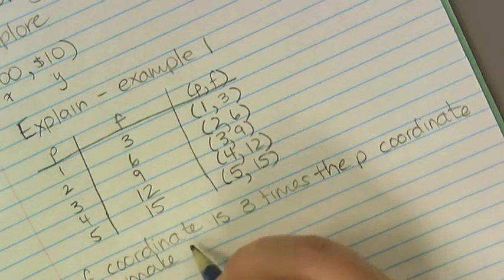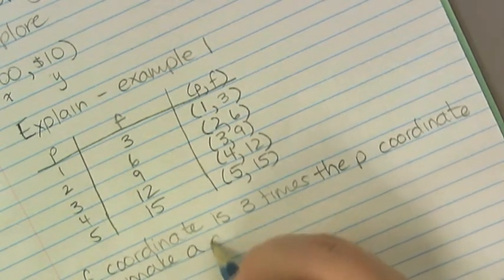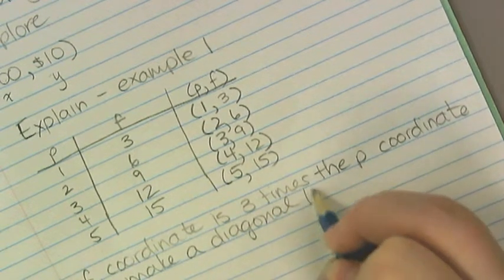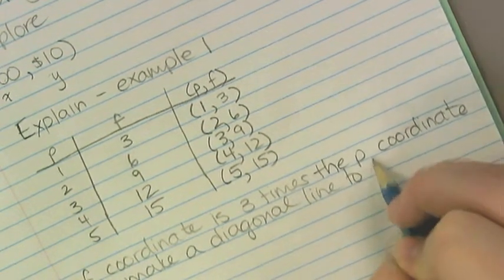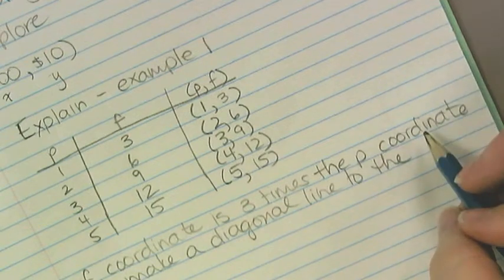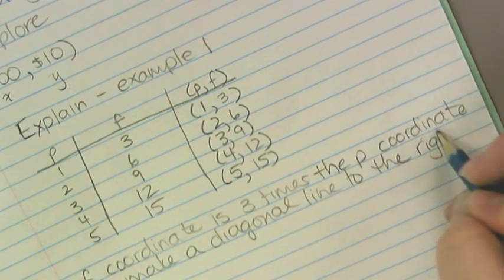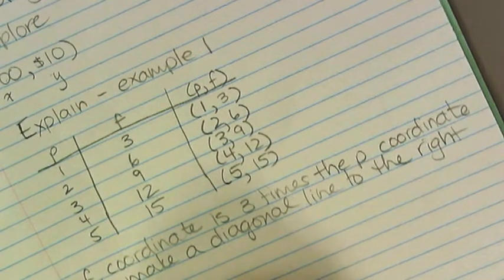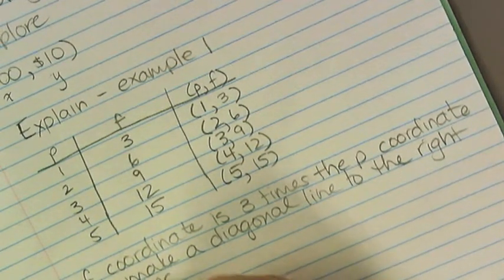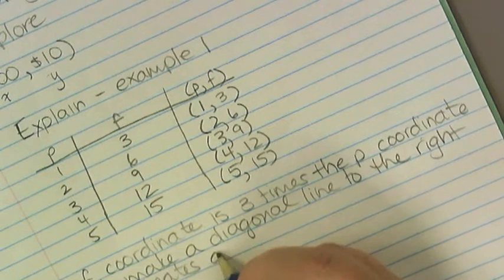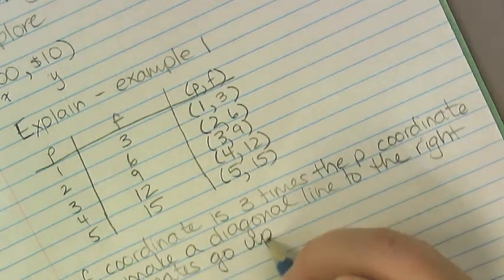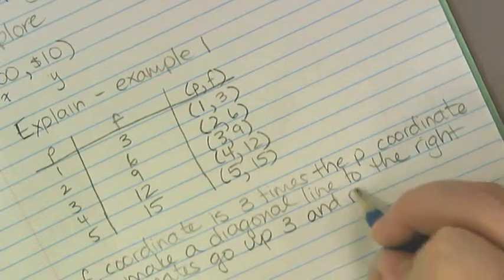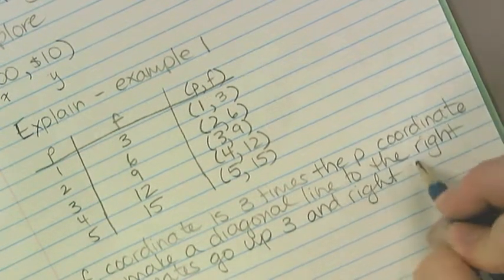It makes a diagonal line to the right. And the coordinates go up 3 and right 1.